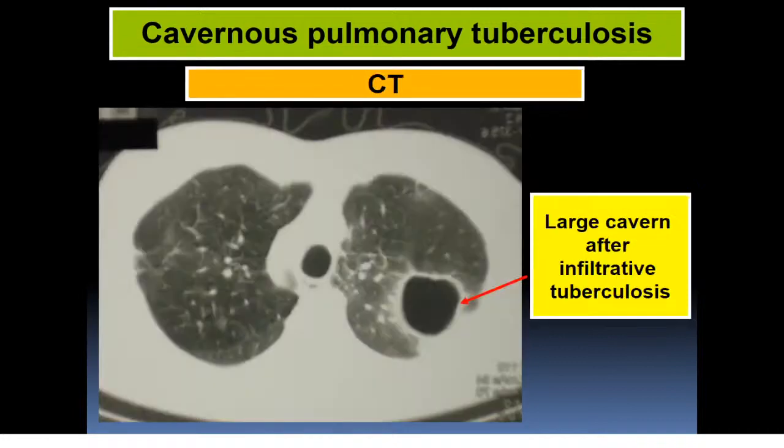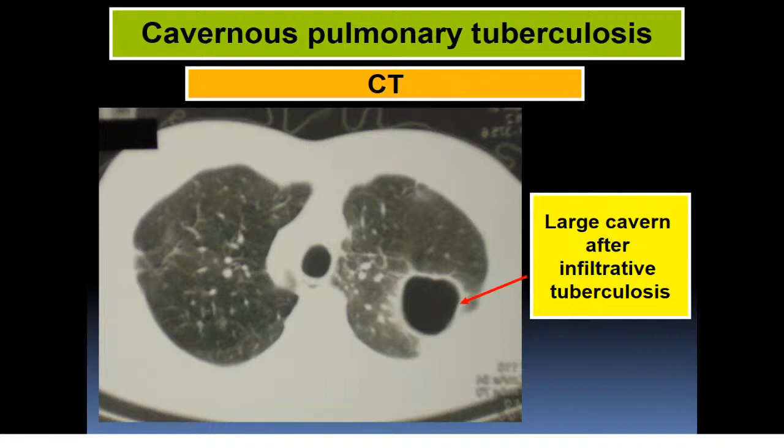On this layer of CT scan, you can see a large cavern after infiltrative tuberculosis. Around the cavern, you can see perifocal inflammation. That's why this cavern formed after infiltrative TB as a result of destruction of lung tissue.